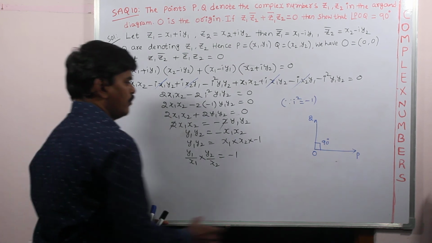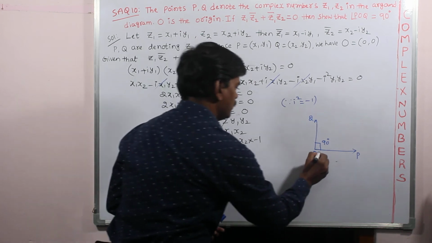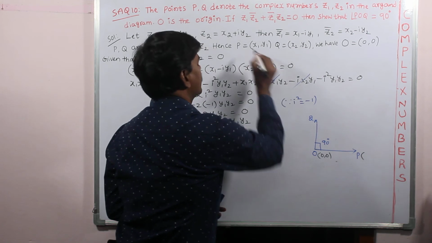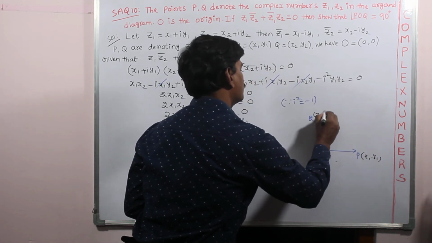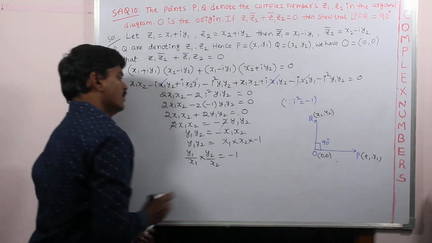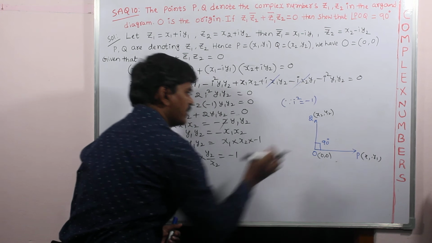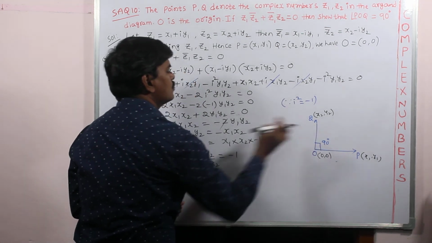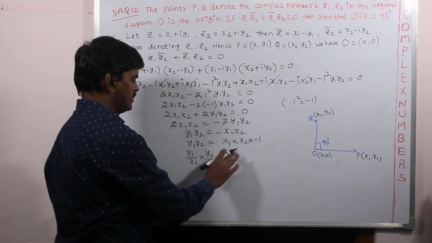So we have to find the slope of OP and the slope of OQ. O is 0, 0, P is x1 comma y1, Q is x2 comma y2. To prove these two lines are perpendicular, the product of their slopes must be proved as minus 1. Already I have minus 1 and the product.